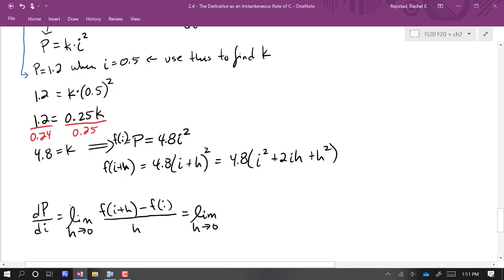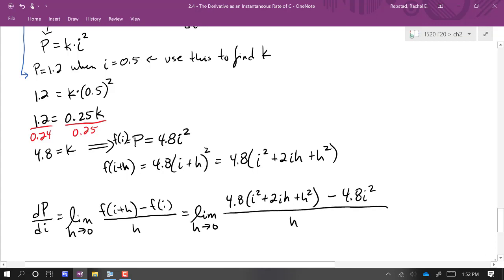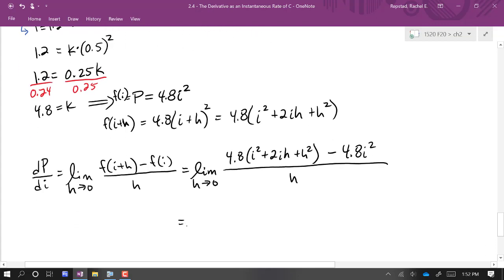So this is the limit as h approaches 0 of, up top, there's our f of I plus h minus f of I, 4.8 I squared. I'm going to factor out the 4.8 up there: I squared plus 2Ih plus h squared minus I squared.